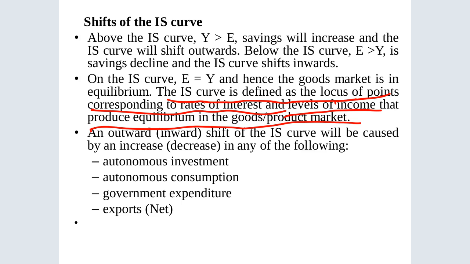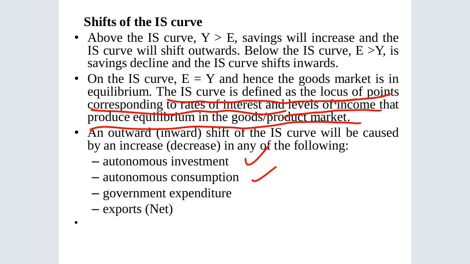Now, an outward shift of the IS curve would be caused by an increase in any of the following. Investment: if investment increases, we have an outward shift in the IS curve.